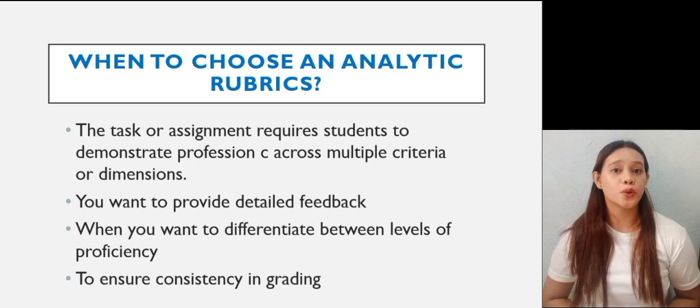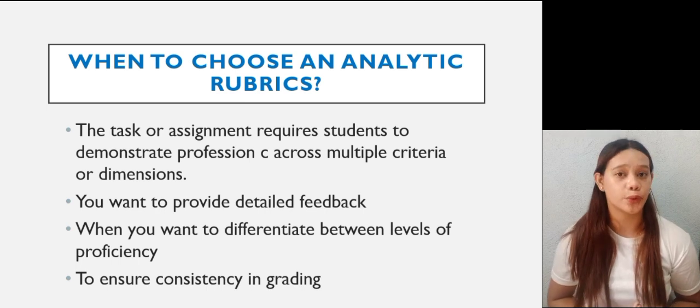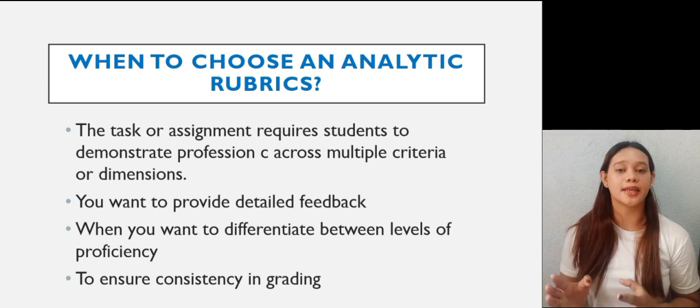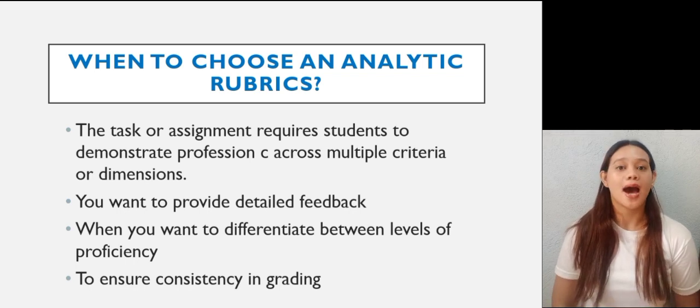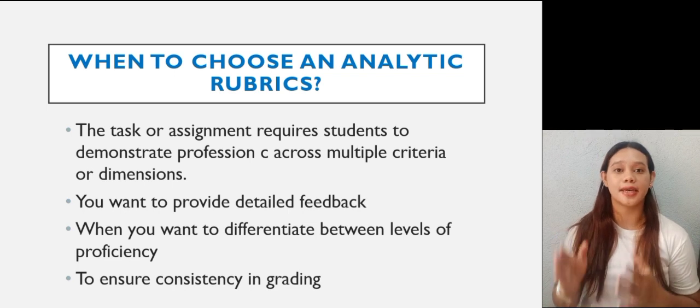Another is you want to ensure consistency in grading. Analytic rubrics can help ensure that grading is consistent across multiple graders or multiple assignments, as each criterion is evaluated using a consistent scale.